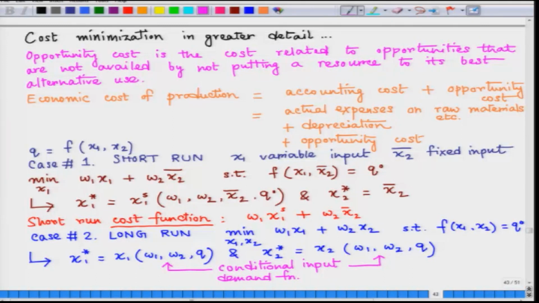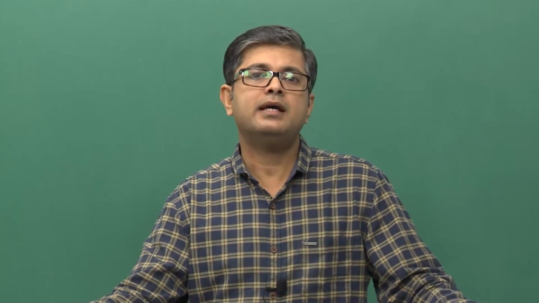Why do we say that these are conditional factor demand functions? Because they are different from another type of input demand functions that we derived in previous lectures. If you remember our exercise on profit maximization, there also we derived the cost minimizing input bundles and hence the input demand functions, but there we did not specify a particular level of output as the constraint.